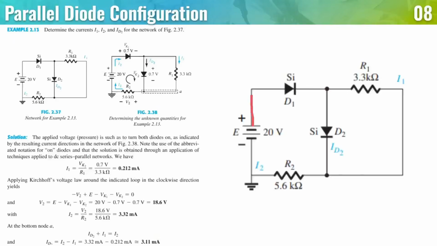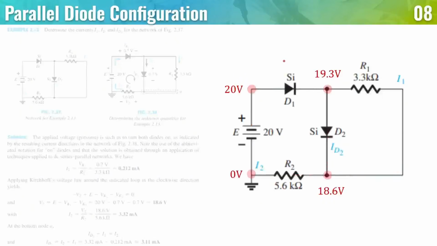From plus, we are not going this way, but we're going this way, and then we split into two branches and go back to the ground. So if this is on and this is silicon, we have a voltage drop of 0.7 and another voltage drop of 0.7 here. So it's useful to draw the node voltages before we get started with the computations.